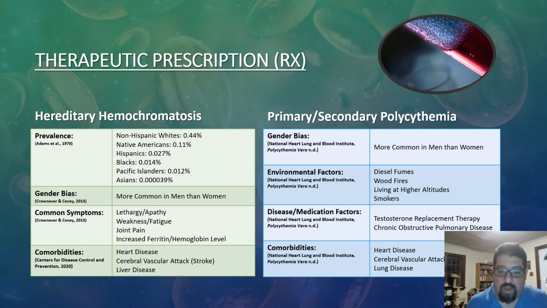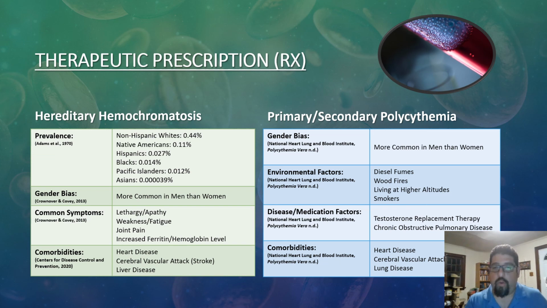It's usually because of some type of stimuli. Secondary would be medication based, while primary is environmental based. People that work around diesel, that are around wood fires, and all that can be part of that condition.